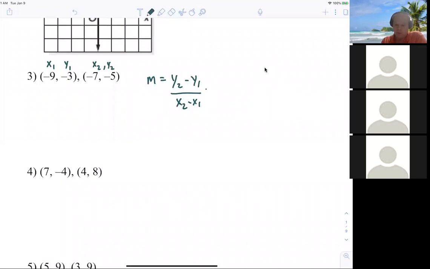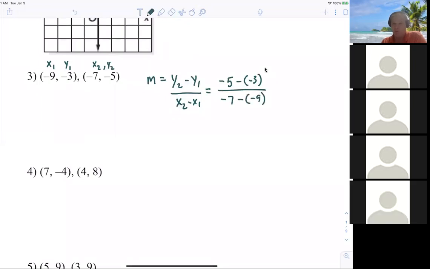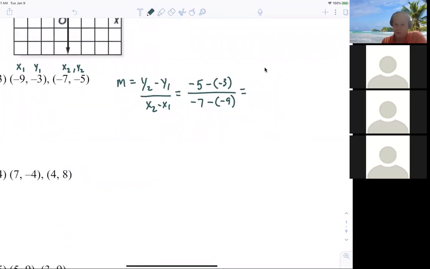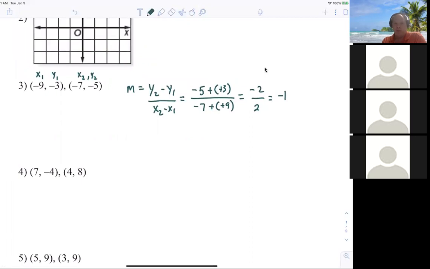So when we do this, we're going to go -5 minus -3 over -7 minus -9. From there, we have pluses. So this becomes -2 over +2, which is -1. So the slope for number 3 is -1.